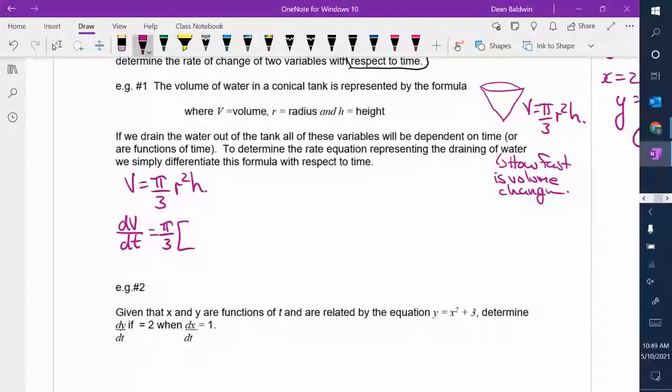What's the derivative of r squared with respect to time? 2r r prime, but we're not going to write r prime. We're going to write dr dt, okay?